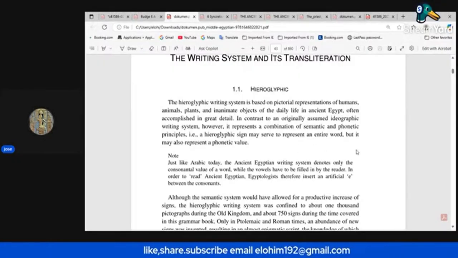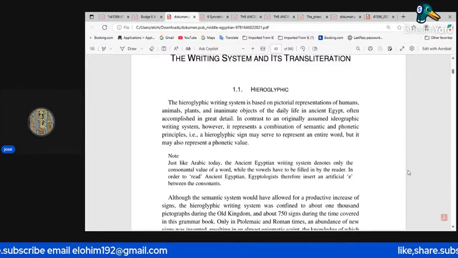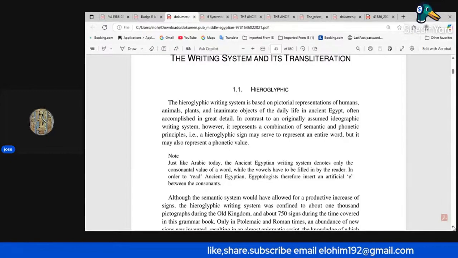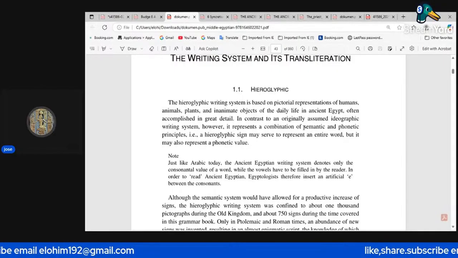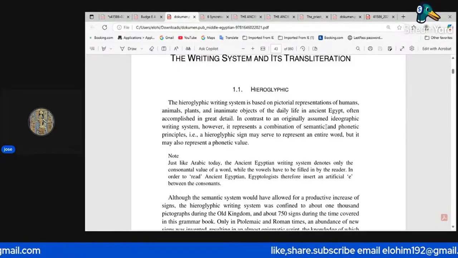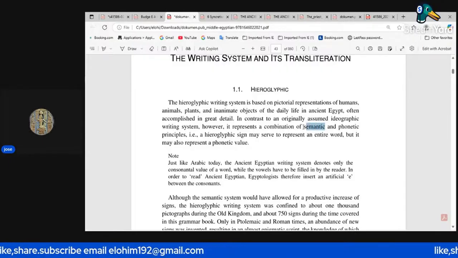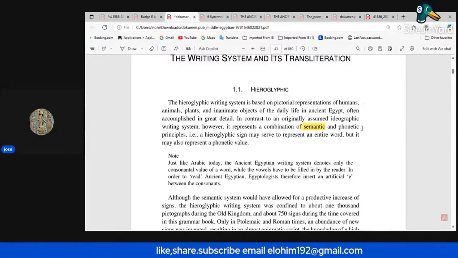So we have semantic, phonetic, and a couple of things that I'm going to go over and define later in a PowerPoint presentation, so we'll be able to get a more proper understanding of what we're reading. What I'm going to do is highlight these terms and come back later to define them.